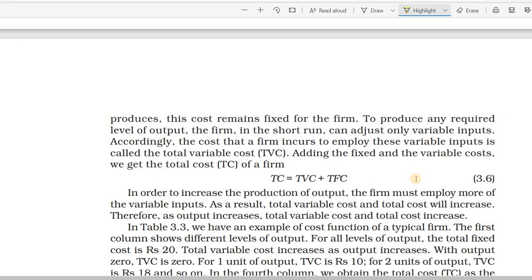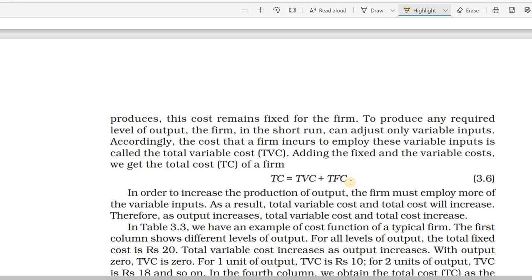Total fixed cost means the cost incurred for fixed factors, and the cost incurred for variable factors is total variable cost. Then total cost equals total variable cost plus total fixed cost. Suppose labor is the variable factor, how much money he is spending for labor, plus fixed cost like capital, land, machine.